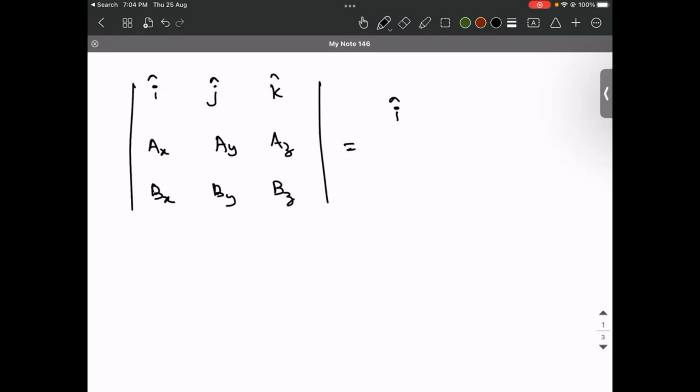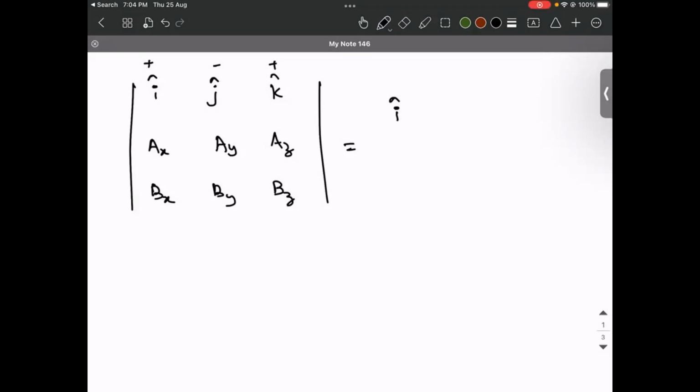Before that, put a plus, minus, and a plus sign on top of i cap, j cap, and k cap. Why you are getting it, I have to get into the mathematical details. You'll learn it in detail next year. There is a concept called cofactors and minors. That is not your headache at this point. If you're able to solve the problems in physics, you're sorted.